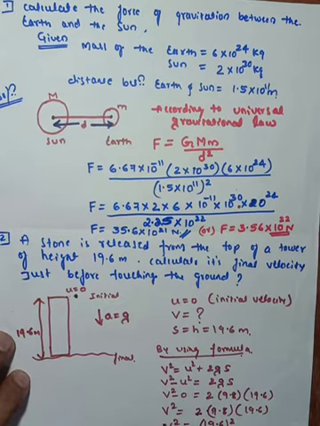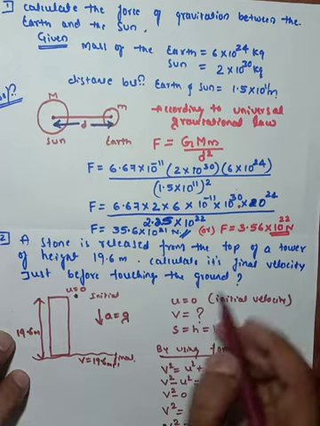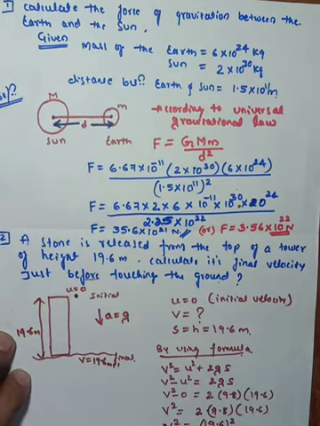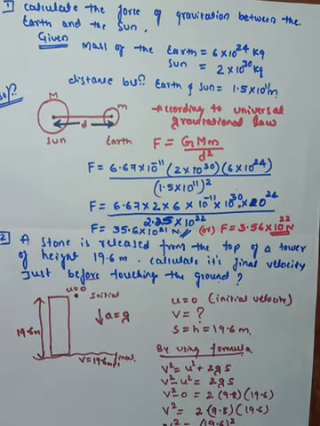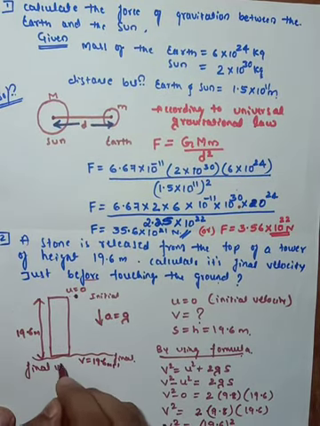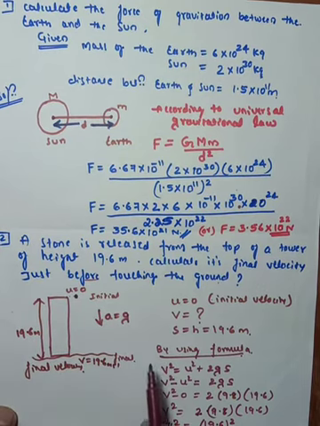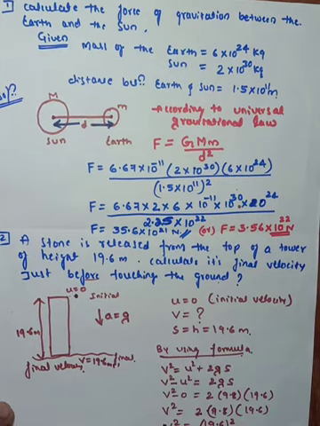V is nothing but 19.6 meter per second. So this much velocity is reached before touching the ground. This is the final velocity. At this velocity, that particular stone reaches the ground.